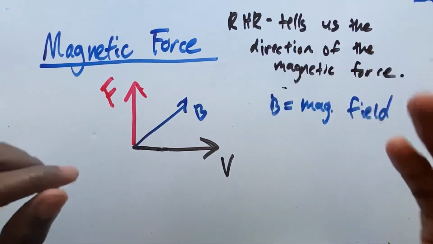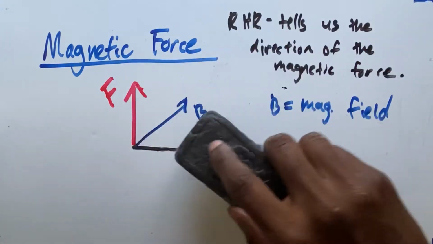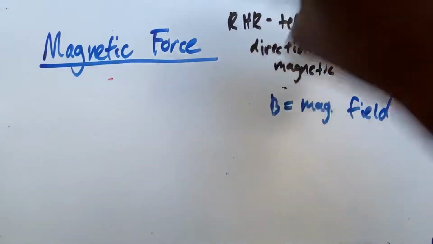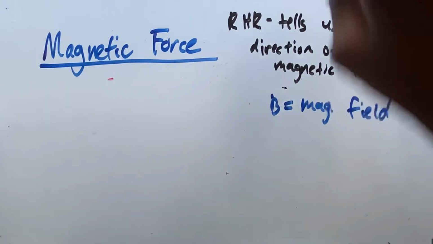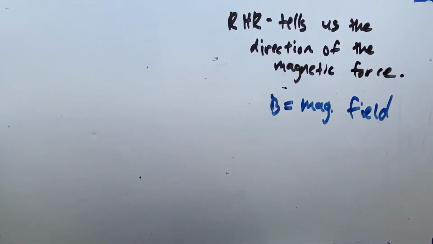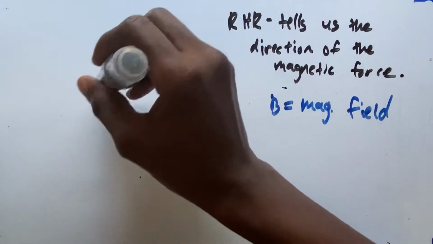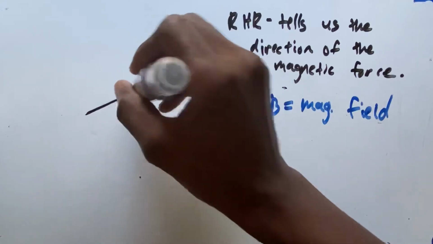So now let me go back to that current going through the horseshoe again. And let me do it a different way. So now let's say we have a current. Let's say it's going this way.